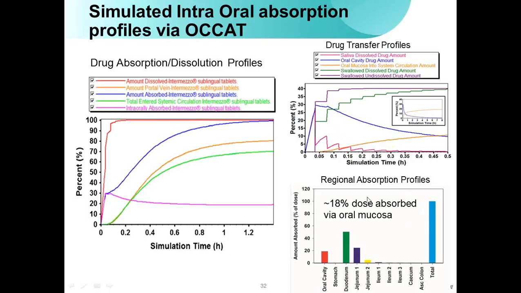Overall, you can also use the regional absorption profile to get the prediction of drug absorbed via oral mucosa. Here in this plot, we predicted about 18% of the Zolpidem was absorbed via oral mucosa.